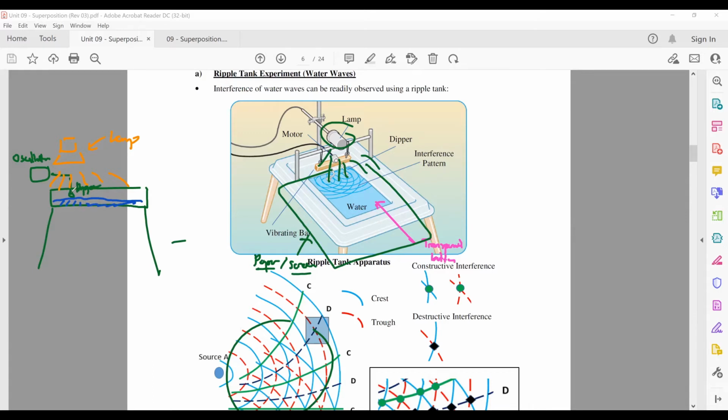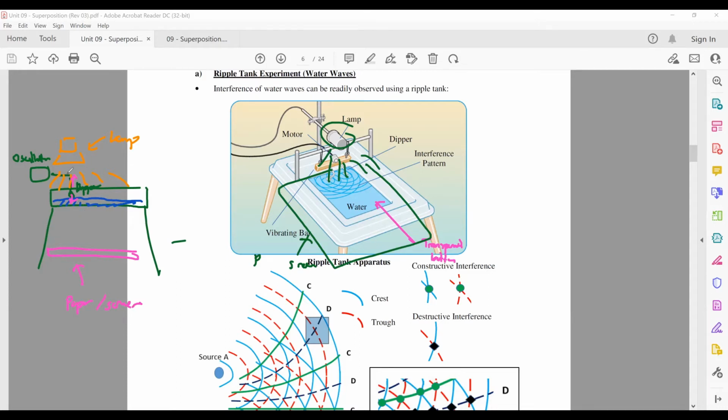So as your dipper is moving up and down, it will form an interference pattern like the ones that you see on the diagram here. To properly see that interference pattern, you will normally put a piece of paper or white screen below the ripple tank.